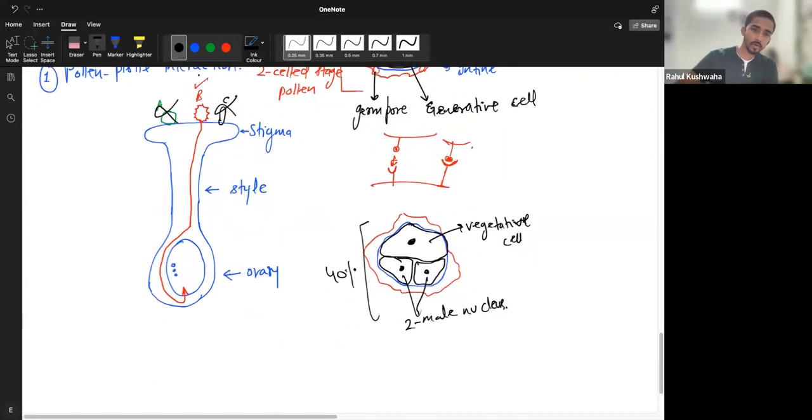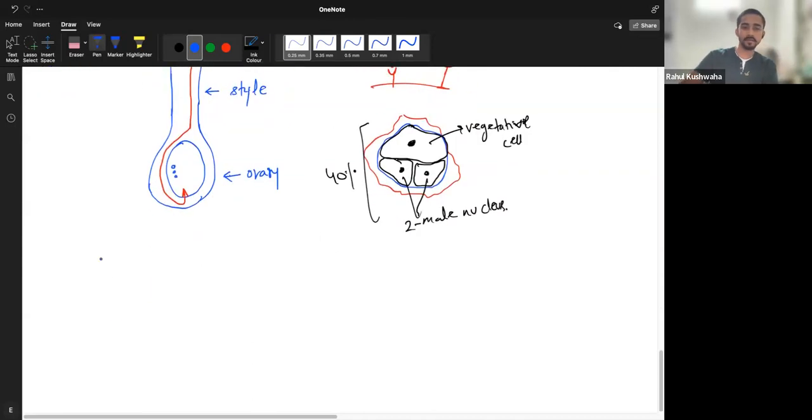So if I draw the same thing in a little bit zoomed in manner here, and let's say this is the pollen and it's forming a pollen tube. So you can see the tube now being formed.